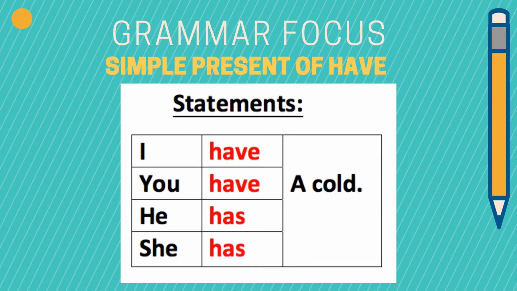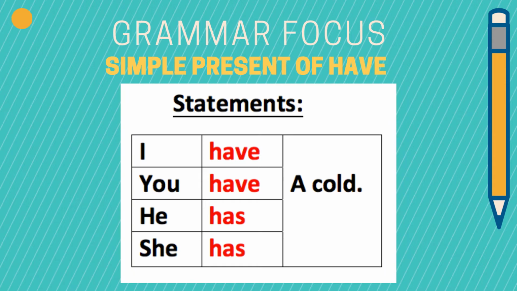What's important to note is that you use the verb have for I and you, but you use the word has for he and she. I have, you have, he has, she has.